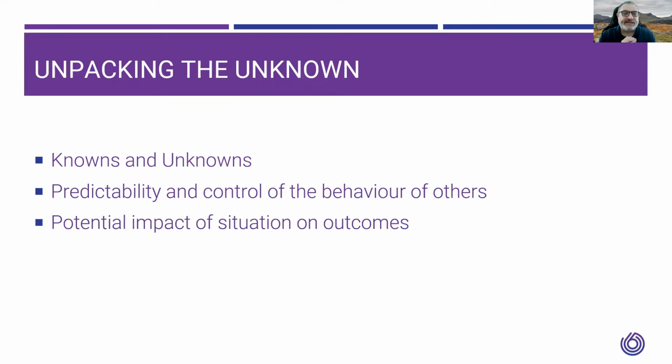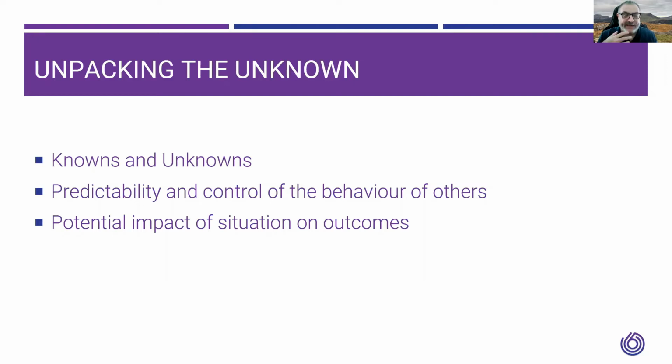The third thing we need to understand in terms of what we do and don't know is the potential impact of the situation we're facing and the decision we're making on our outcomes. Does this situation have the potential to advance us towards what we're trying to get to, or does it actually present a risk that might take us backwards?